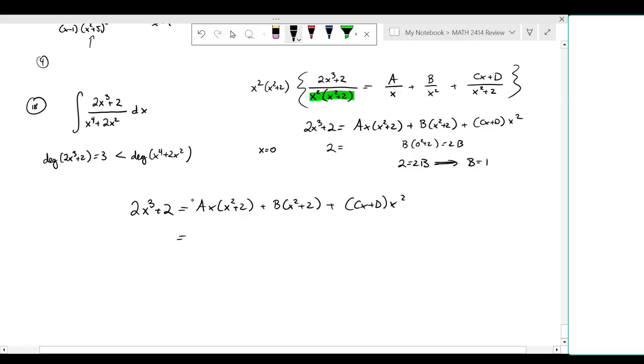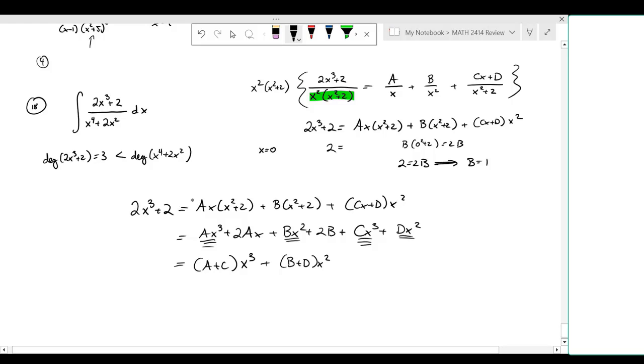So this method, you just multiply everything out, and then combine like terms, so you've got your cubed terms, you have your square terms, and you have your x term.